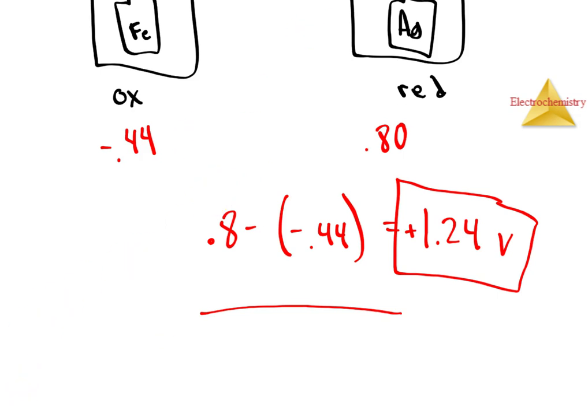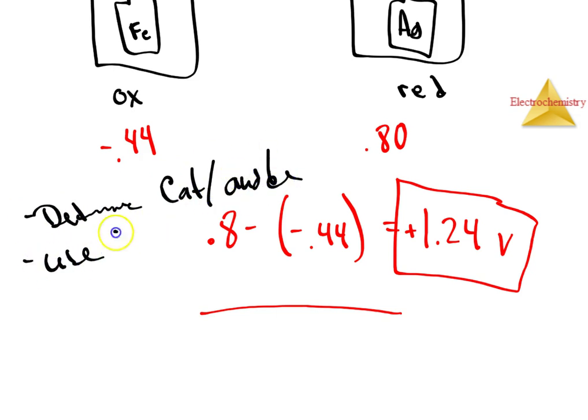So the steps to do these essentially: determine the cathode and anode. Use the table to find values.